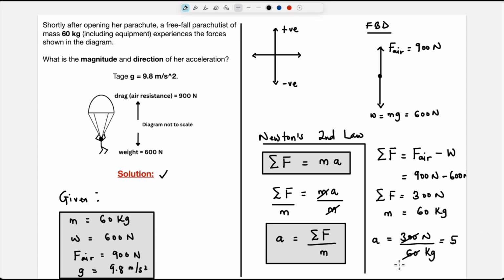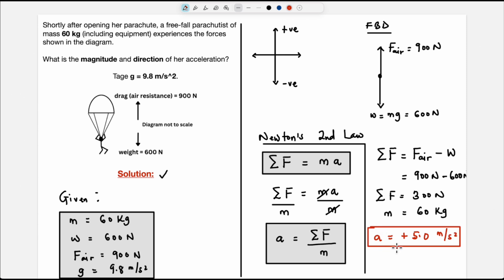So the acceleration is going to be positive 5 meters per second squared. So with this, we can rewrite it clearly: a equals plus 5.0 meters per second squared.